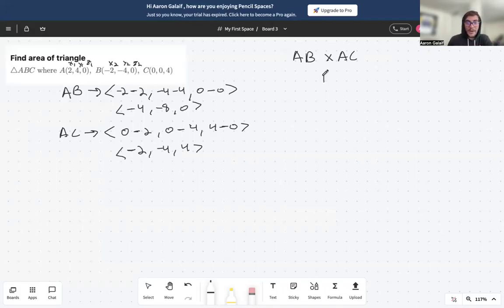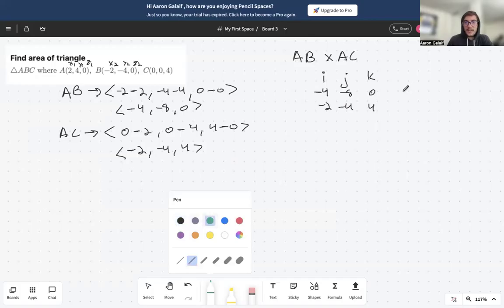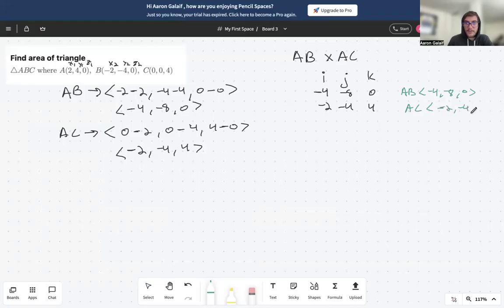So I'm going to write out i, j, k, and then write the components underneath it: the x's, -4, -2; -8, -4 for the j's; and 0 and 4. Just so you see that a little better, I'll write the vector of AB right here, -4, -8, 0, and AC right here as -2, -4, 4. So I just replace them under that line.